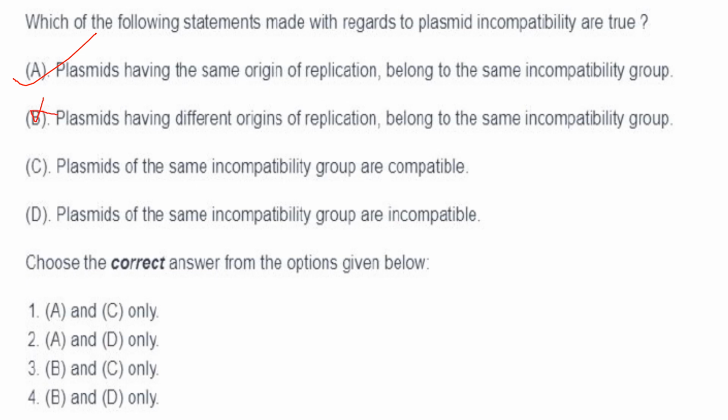Plasmids of the same incompatibility group are compatible? They are not compatible. They are incompatible. They cannot coexist together in the same cell. So C is not correct. D is correct. So that makes option A and D only. That is option 2 as the answer.